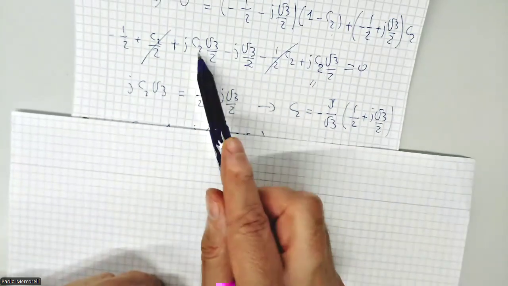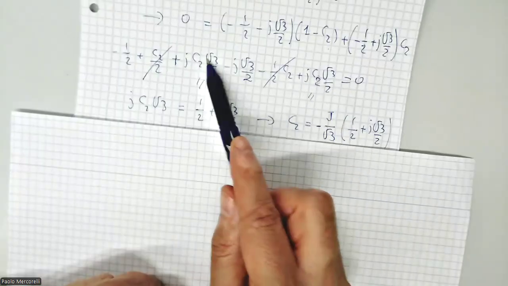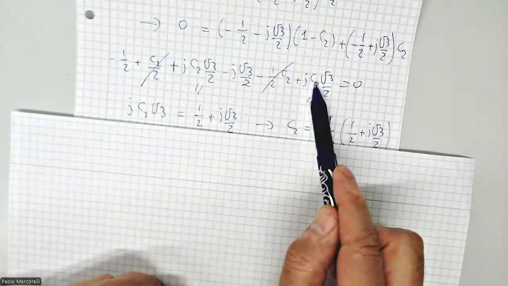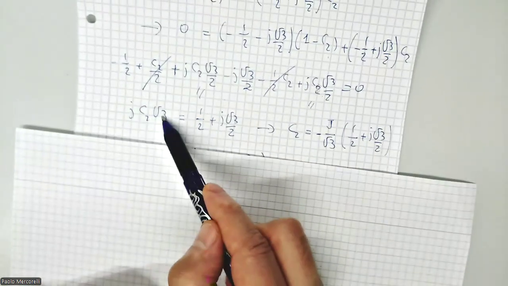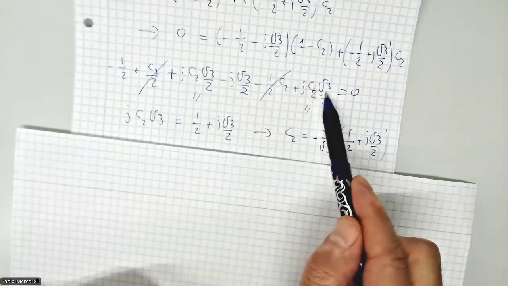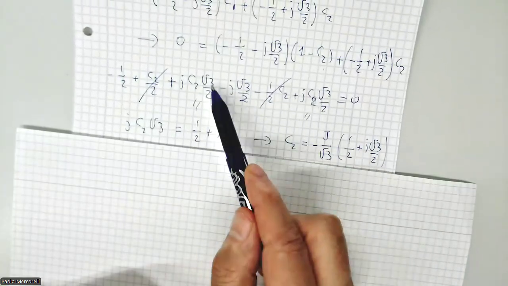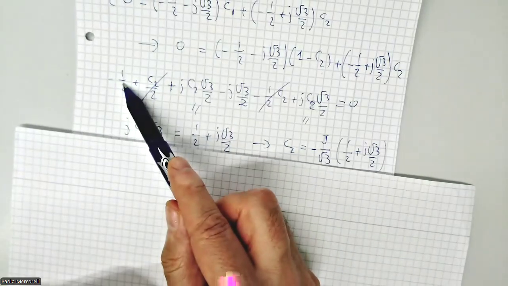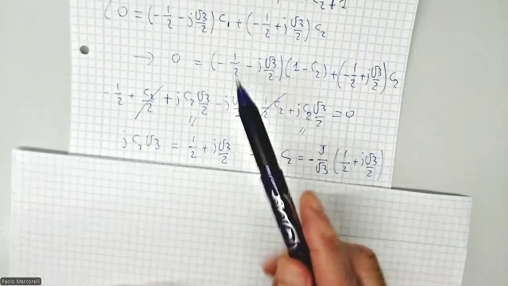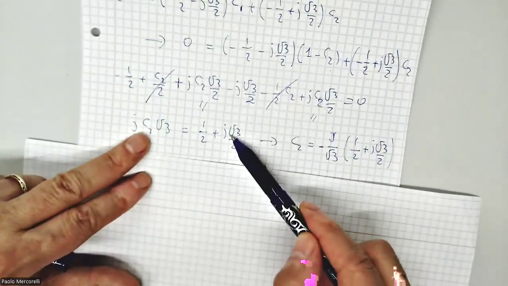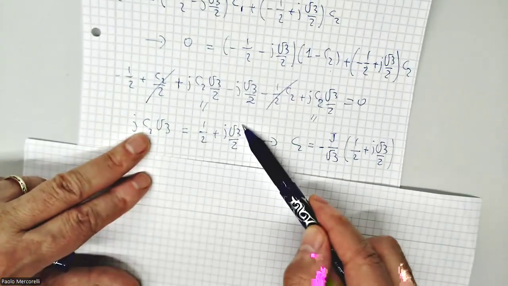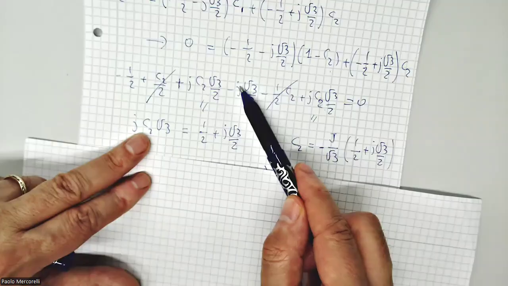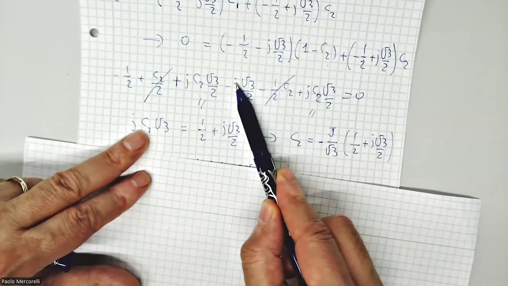Or to sum up, we will obtain this element here, just summing up this here, equals, I bring on the other part, minus 1 divided by 2, which becomes plus 1 divided by 2. And this is j root of 3 divided by 2, because I am bringing on the other part this element here.